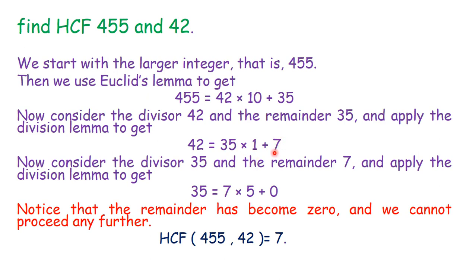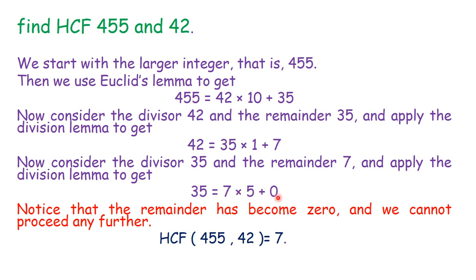So again here remainder is not equal to 0. That means again we have to use Euclid's division lemma, now for 35 and remainder 7. 35 is the larger integer among 35 and 7, so 35 can be written as 7 into 5 plus remainder 0. After dividing 35 by 7, we will get quotient 5 and remainder 0.